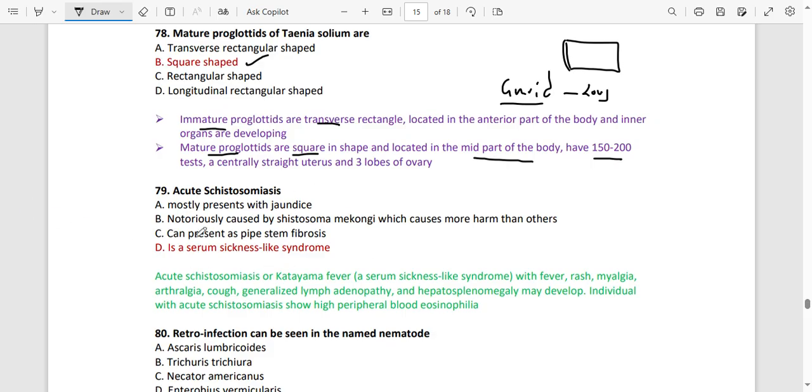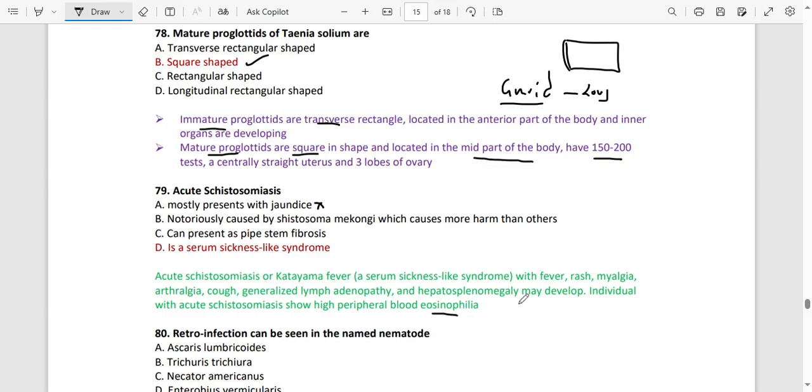So acute schistosomiasis, I've put it here. Acute schistosomiasis or Katayama fever, a serum sickness-like syndrome with fever, rash, myalgia, arthralgia, cough, generalized lymphadenopathy, hepatosplenomegaly may develop. Individuals with acute schistosomiasis show high peripheral blood eosinophilia. So mostly present with jaundice?